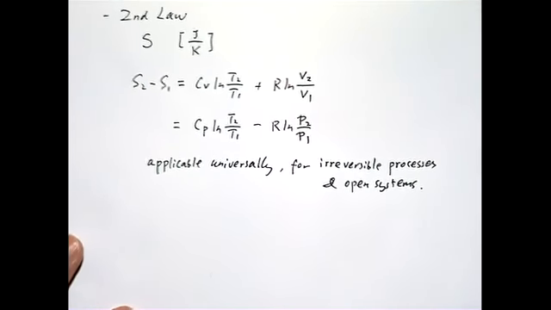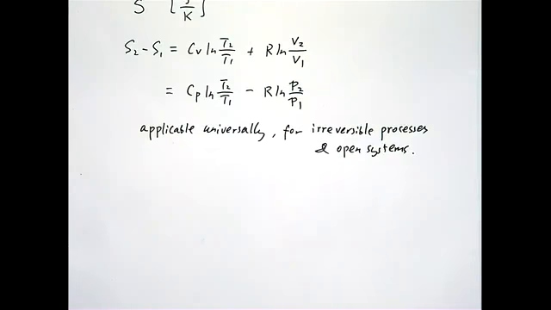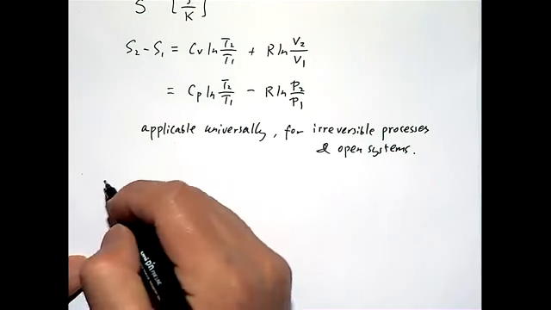The reason that we discuss the Gibbs equation is we want to derive an equation which we use extensively in the later analysis, which is the isentropic relation.